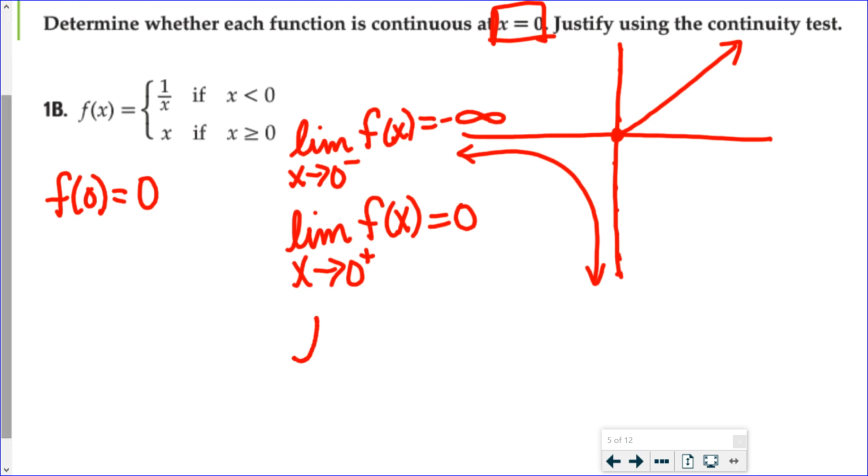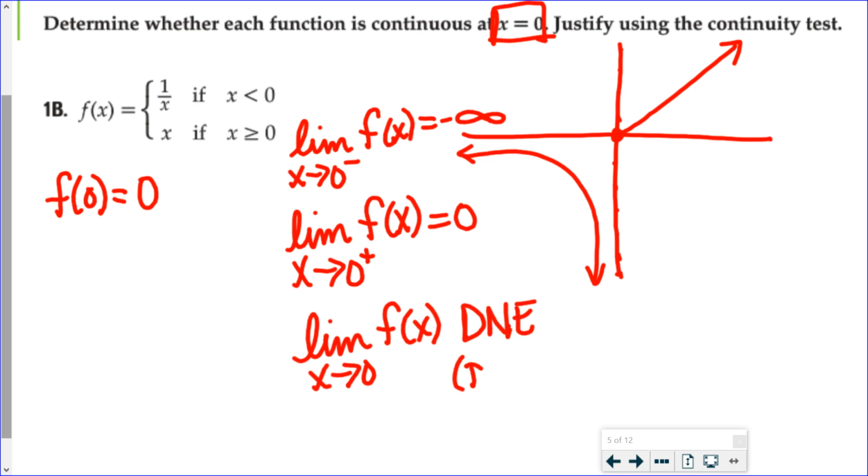So the limit as x approaches 0 overall of f of x does not exist. Does not exist. So therefore, that's what these three dots mean.